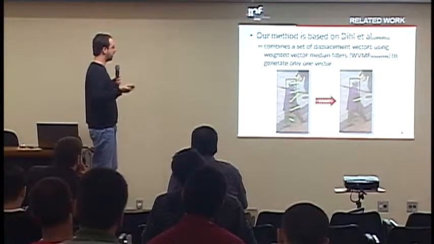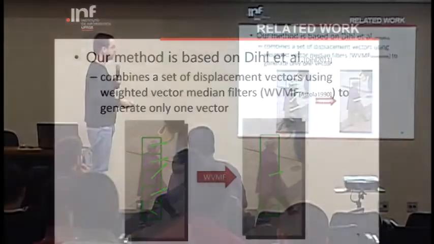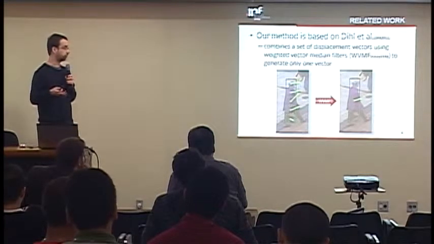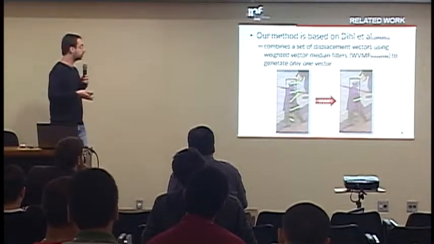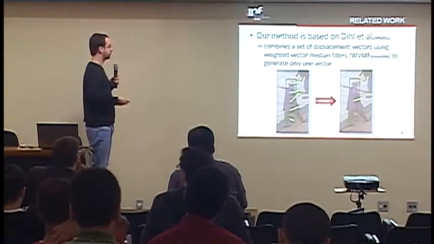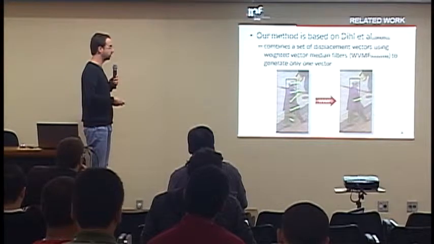So our method is based on the method of DEAL. The main idea of DEAL is that we track each patch on the left here individually. So we have a set of displacement vectors in the image, and we combine them using weighted vector median filters, WVMF, to estimate only a single vector combining all these vectors.